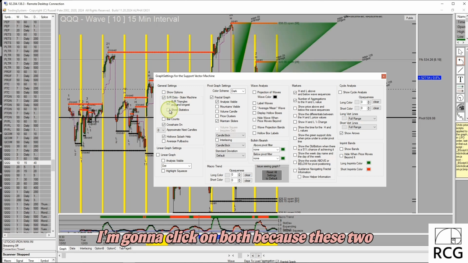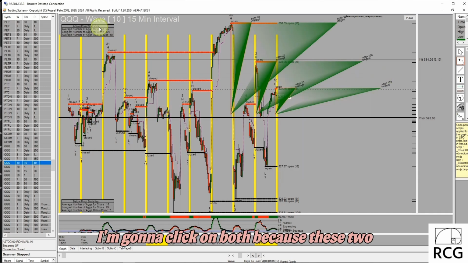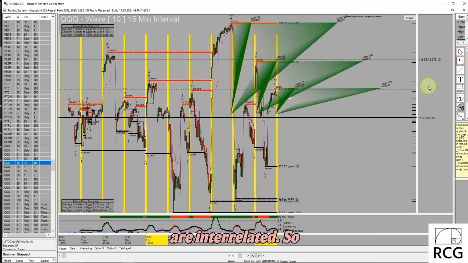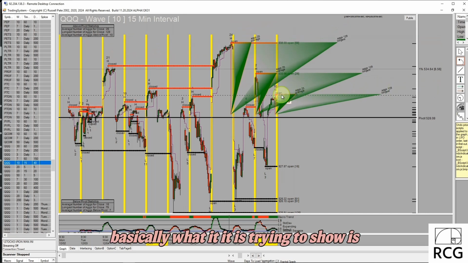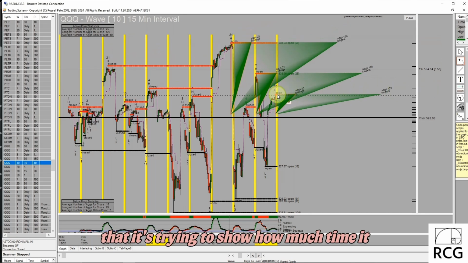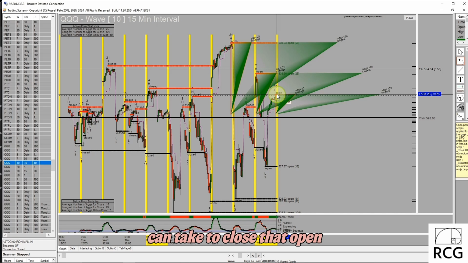I'm going to be explaining the S/R triangles, average and longest, and the show statistics. I'm going to click on both because these two are interrelated. What it is trying to show is how much time it can take to close that open state.